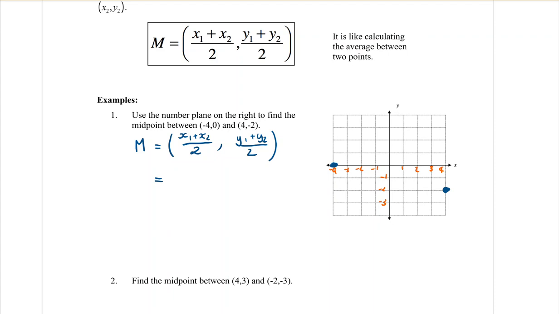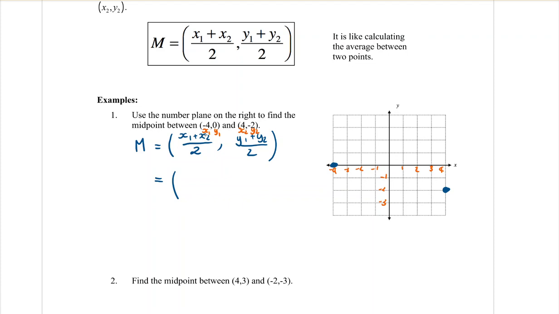Now, for the values that you're going to sub in, you label your points the same way that we did for the distance formula. Each point has an x value and a y value. So my first point, I'm going to call x1, y1, and second point is x2, y2. Now to substitute into my formula, I have a bracket.